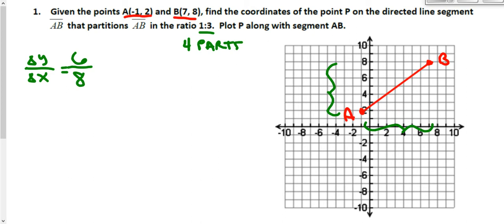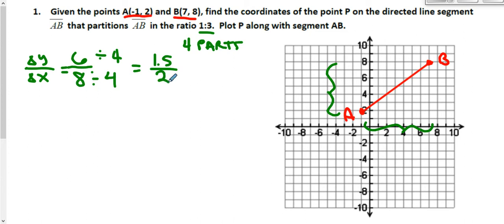And our job is going to be to take this rise over run and split it into 4 equal parts. So we're going to take the rise 6 and divide that into 4 pieces. And we're going to take the run 8 and divide that into 4 pieces as well. Let's see what this new slope is going to look like. 6 divided by 4, if you do that in your calculator, is 1.5. And 8 divided by 4 is 2.